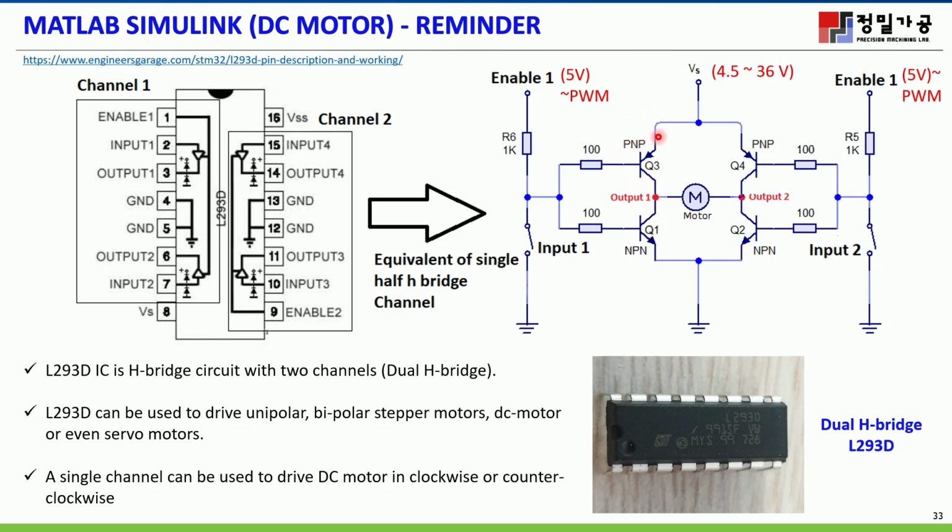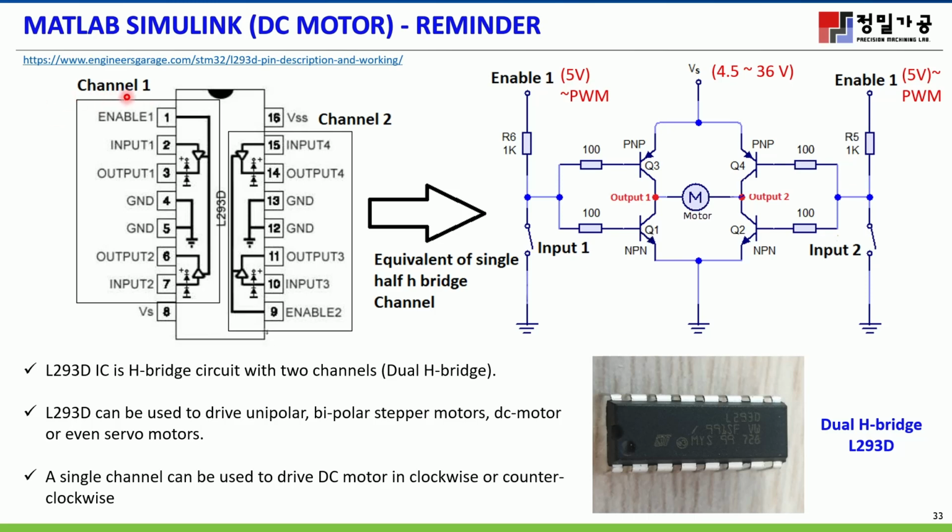There is a PNP transistor in here and an NPN transistor in here. So basically we just change the direction of current flow from this side or this side, so the motor can rotate clockwise or counterclockwise.